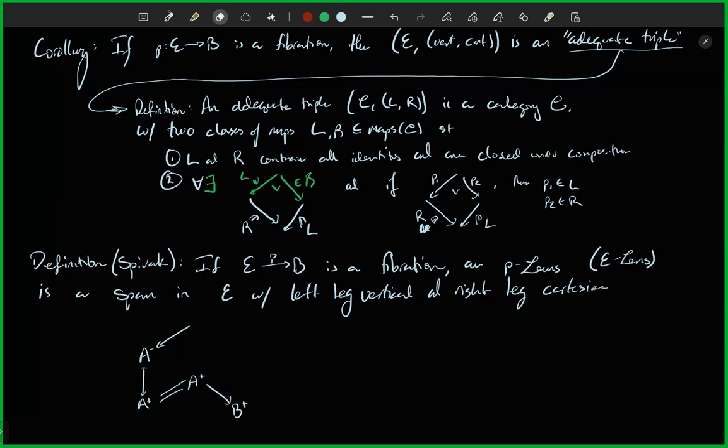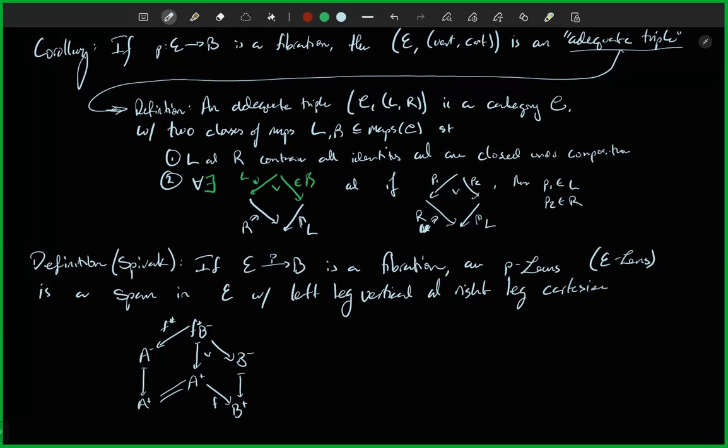So such a thing consists of two maps, which I'm slowly in the process of writing. B minus here. This is F. This is going to be F sharp. It's going to be F upper star B minus. Just in here, S. There we go. So that's a lens.